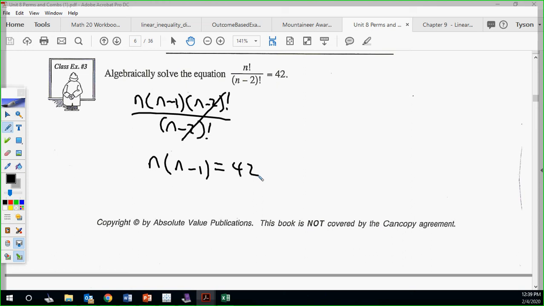This comes back to your math 20 and your math 10 skills. So we're going to distribute: n squared minus n. I'm going to minus the 42 over. And now we're solving by factoring here.